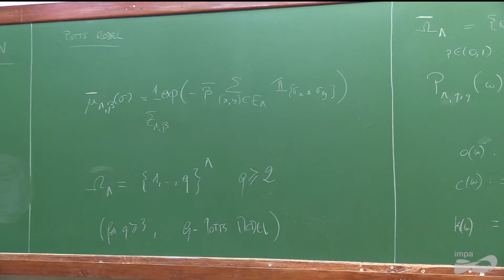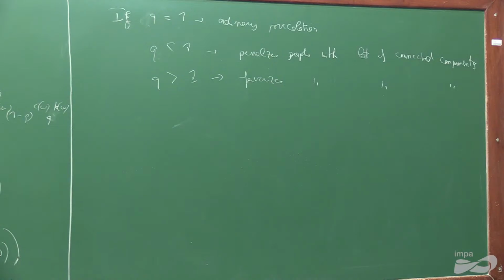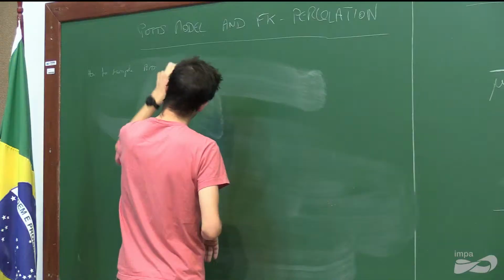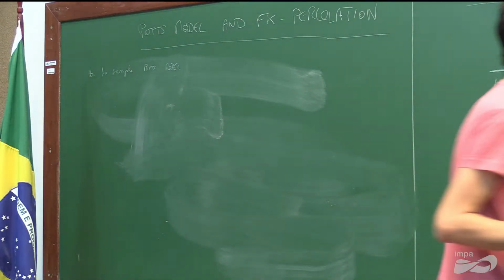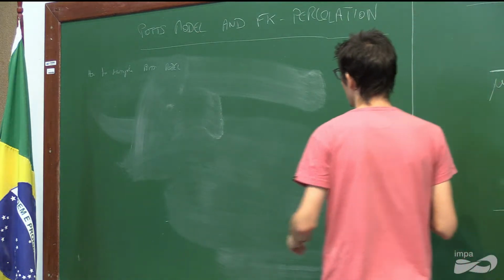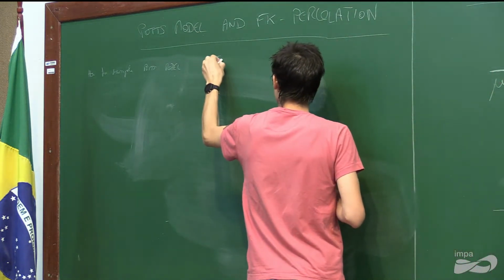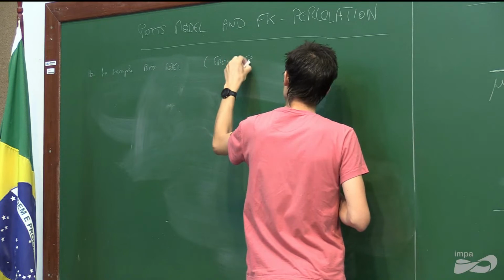Okay, so how to sample the Potts model. Remember that we are in the free boundary condition case.